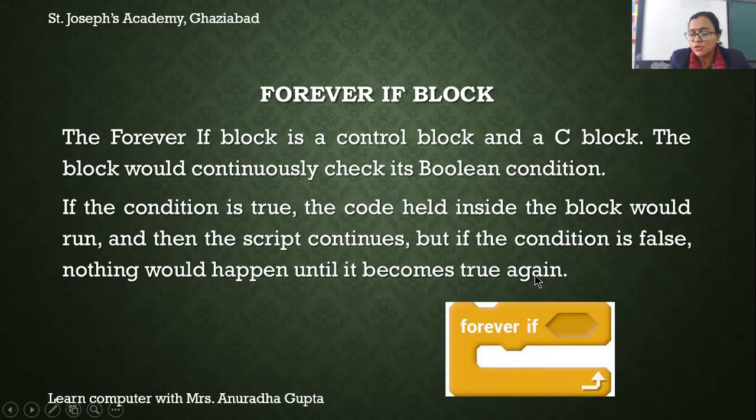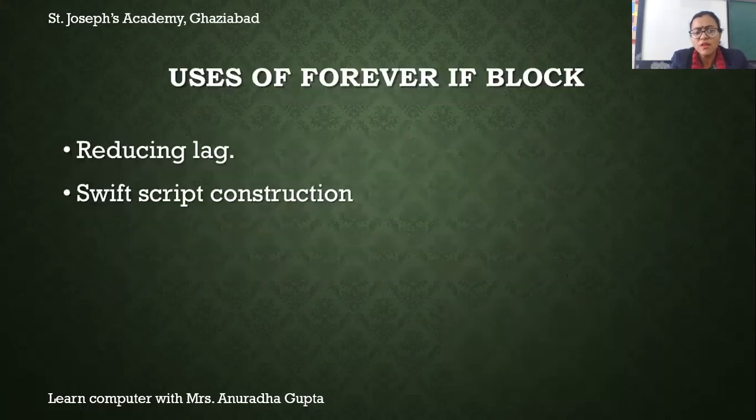If the condition is true, we will continue with the process. If the condition is false, then nothing will happen. We will move to the next block. Where are we using the forever if block? First, reducing lag.